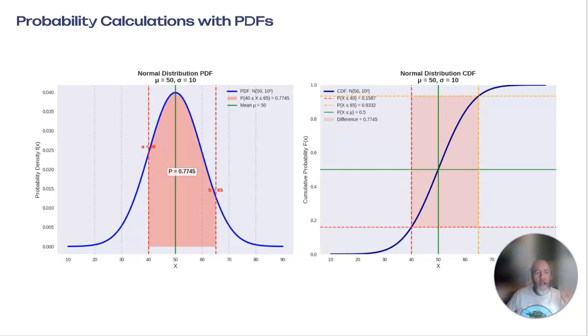This applies to all different distributions for their PDF and their CDF. This is just an example of a specific distribution function, which is the normal.